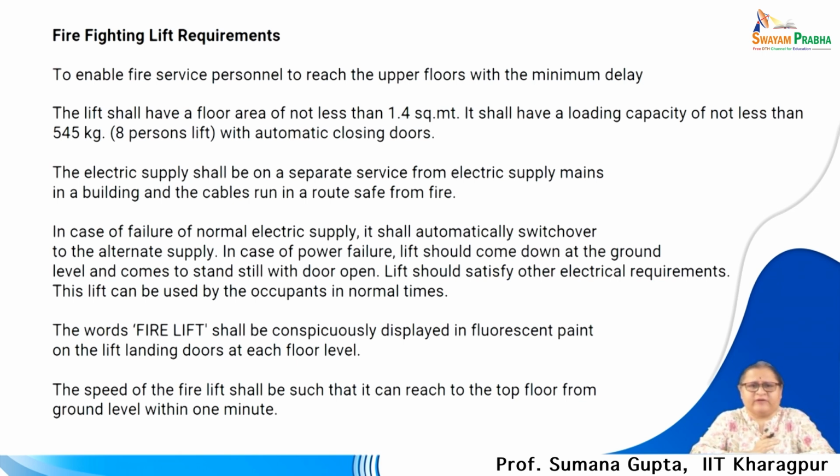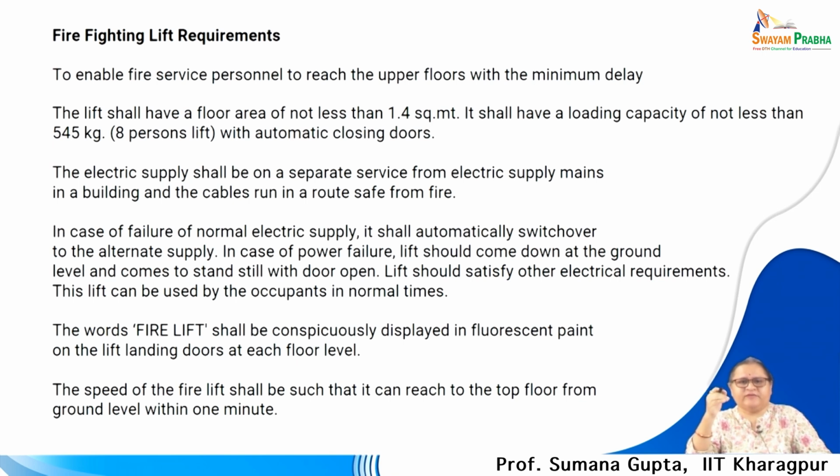The fire lift shall be conspicuously displayed in fluorescent paint on the landing doors of each floor, so that people trapped inside a building or on a particular floor can get a hint that this lift can be availed in case of a fire, other than the refuge area.